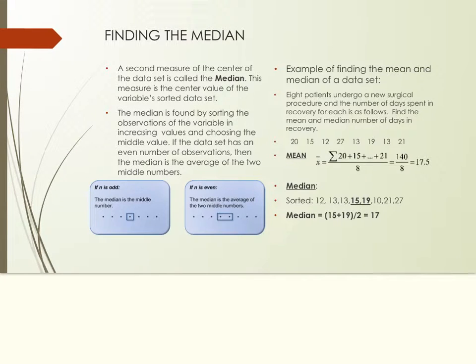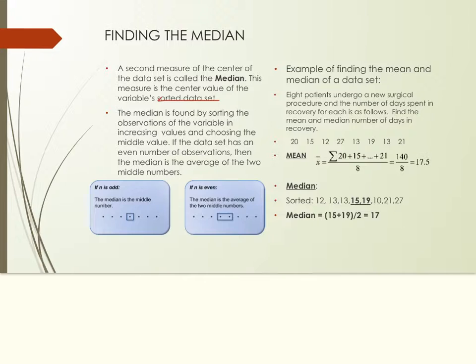A second measure of center for the data set is called the median. The first step in finding the median is to sort the data set from the smallest value to the largest value.